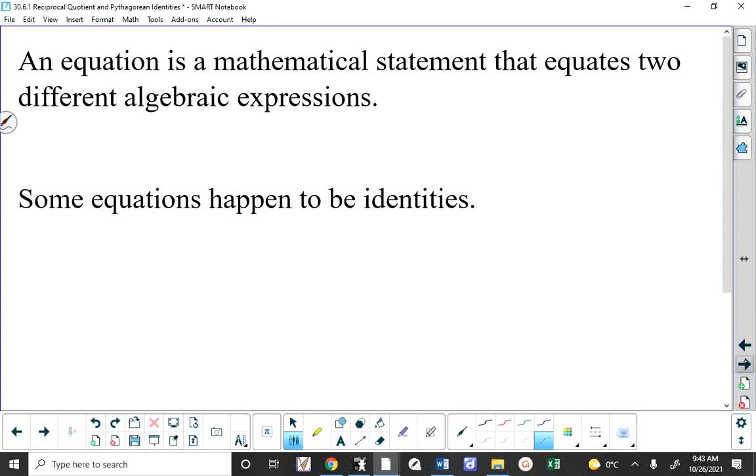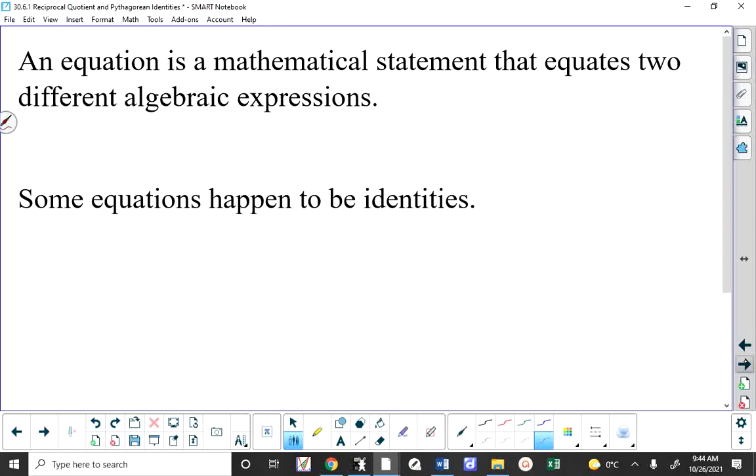Some equations are identities. This is like me talking about all birds. I'm not a taxonomist. Birds are animals that lay eggs and have feathers and wings. Okay? You'll have to live with that definition. There's probably a more scientific one.